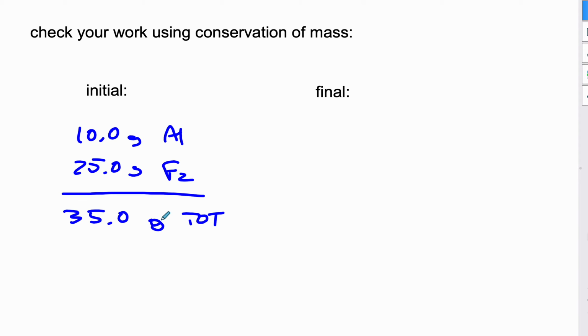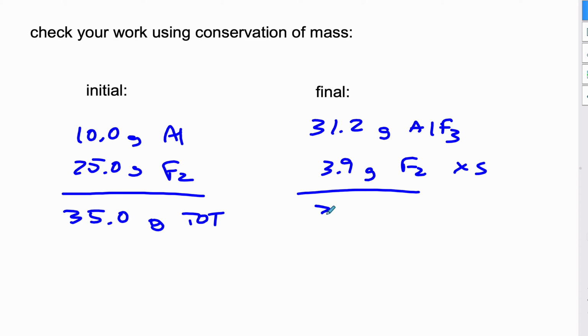At the end of the day, I calculated a theoretical yield of 31.2 grams of aluminum fluoride and 3.9 grams of fluorine left over that were present in excess to give me 35.1 grams total, which is approximately equal given rounding, so my calculations work out.